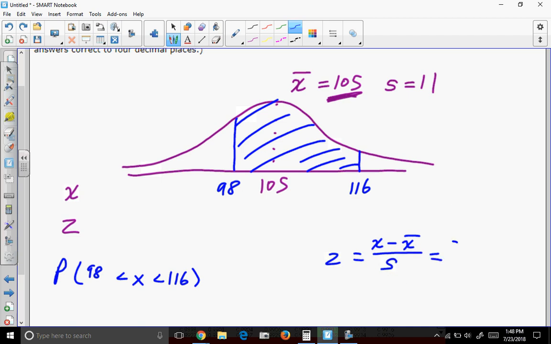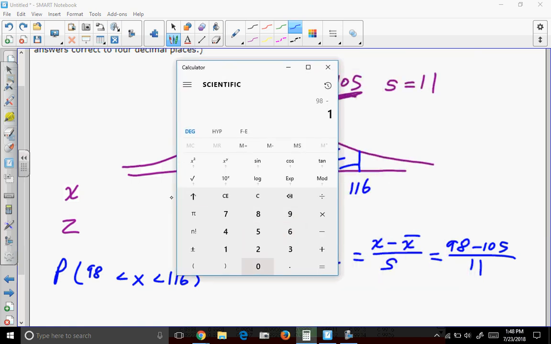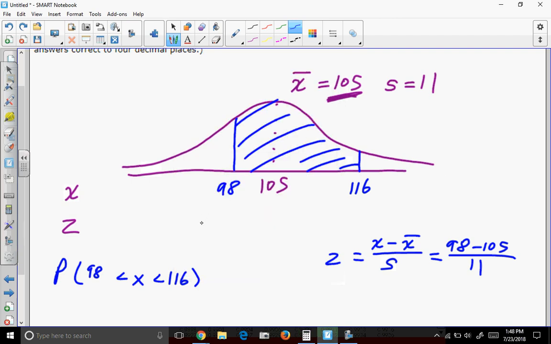So for 98, minus 105, divided by 11. 98 minus 105 tells us how many units we are from the mean. So 98 is 7 units below the mean, but we want to know that in terms of standard deviation. If we divide that by 11, about negative 0.64 is how many standard deviations below the mean that 98 is.